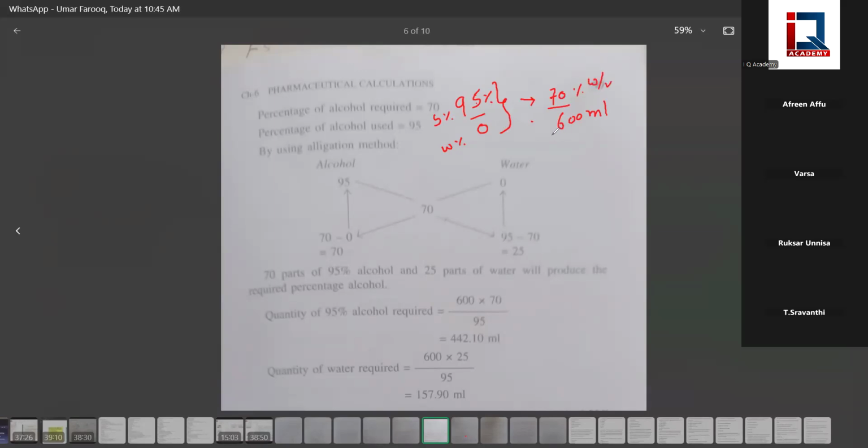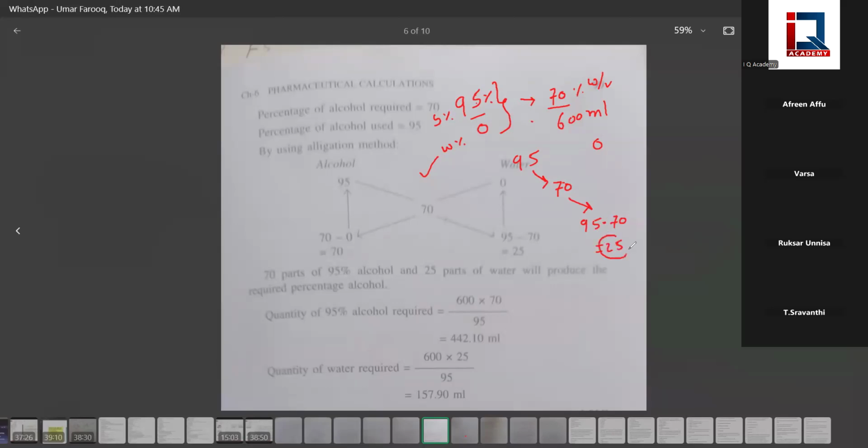So how will you prepare? Use the alligation method. So required percentage 70, stronger 95, weaker 0. So like this. What are you doing? Stronger minus required, 95 minus 70, you got 25.